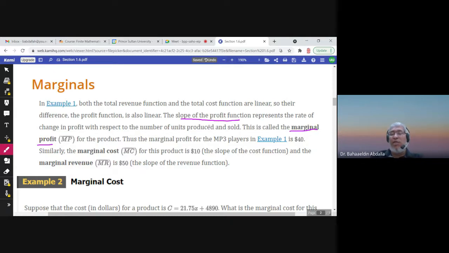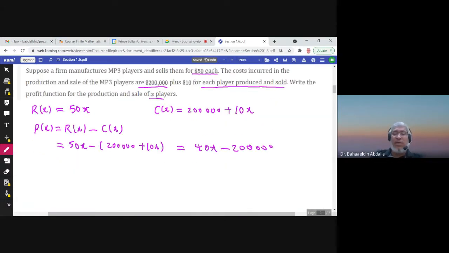It represents the rate of change in the profit with respect to the number of units, delta P over delta X. The marginal profit in example 1 would be, this is the profit function, and the marginal profit is the slope, 40.